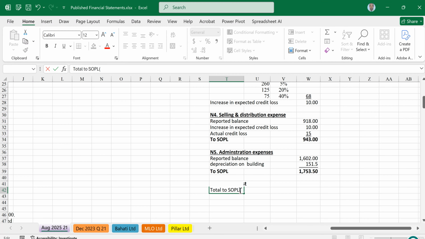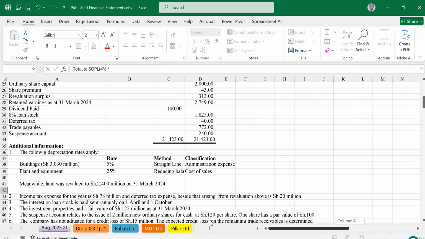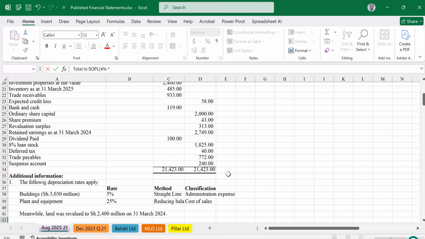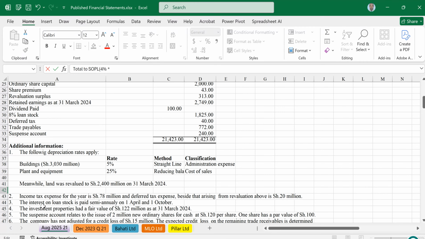Semi-annually means you take 4%, they said for semi-annually, 4% times the amount of the loan. Now the amount of the loan was, remember they said in additional information number 3, the interest on loan stock is paid semi-annually. So that means 2 periods, 1st April and also 1st October.